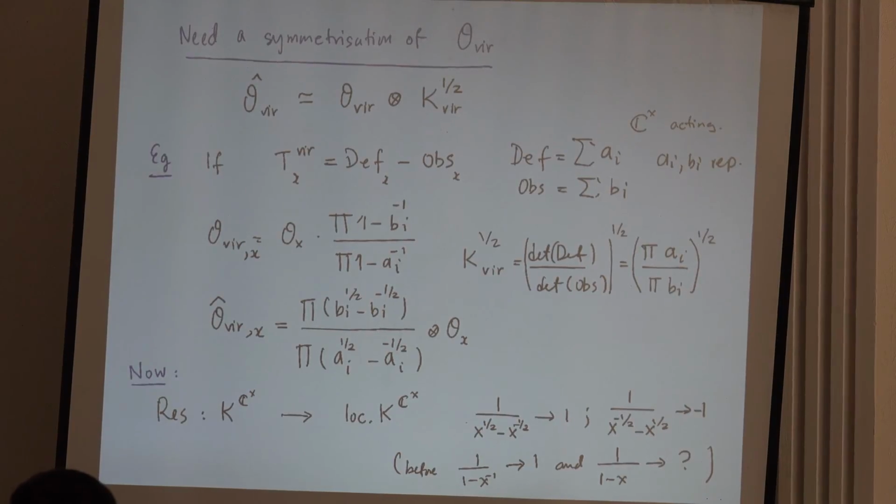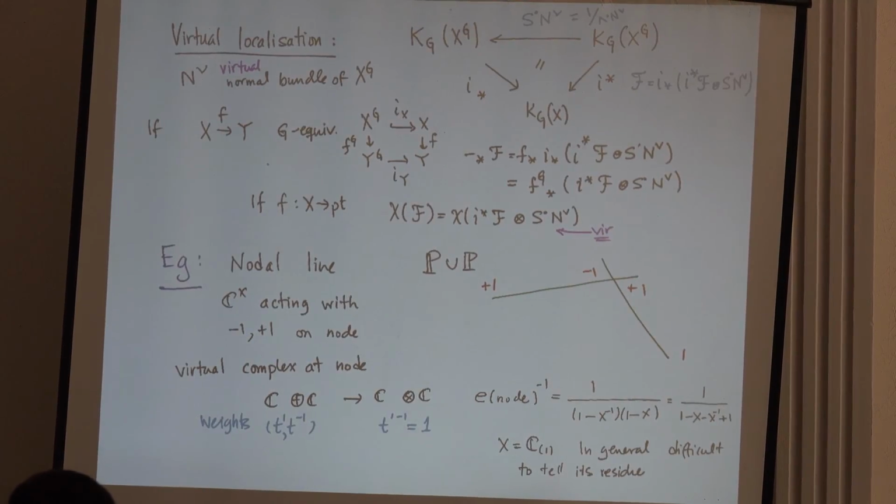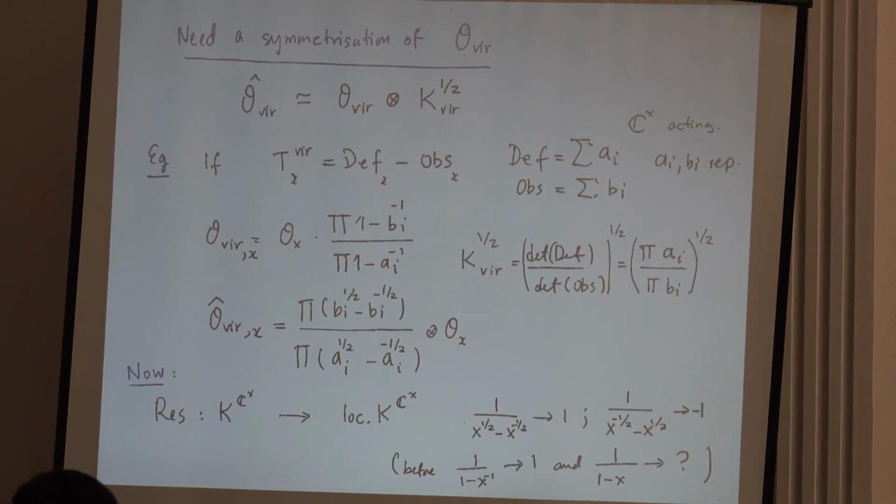But in the case where you are working with K theory, that's not true. The Euler characteristic would be like 1 divided by 1 minus x, and the other one would be like 1 divided by 1 minus x to the minus 1. And so those things are not very well related. But there is a fix for this problem, and the fix is to, rather than working with the standard virtual fundamental sheaf, work with the symmetrized virtual fundamental sheaf.